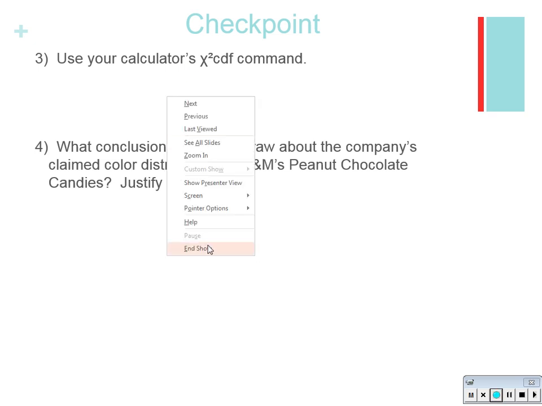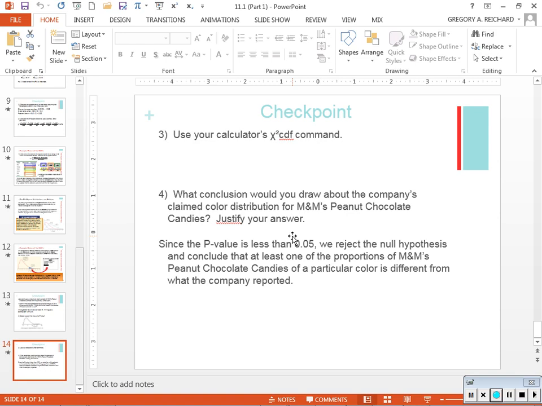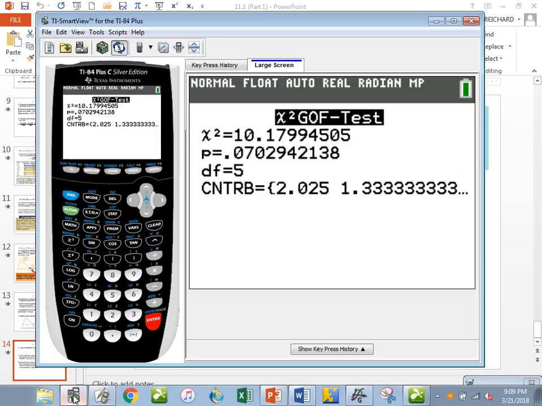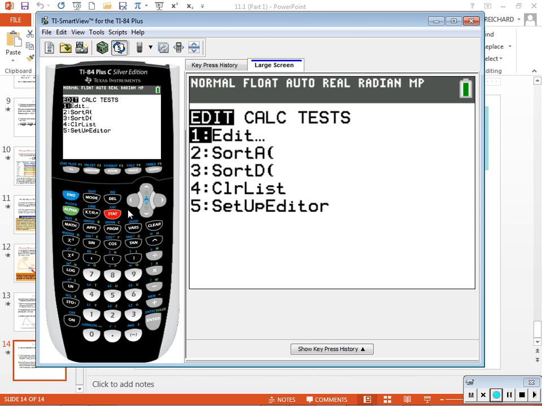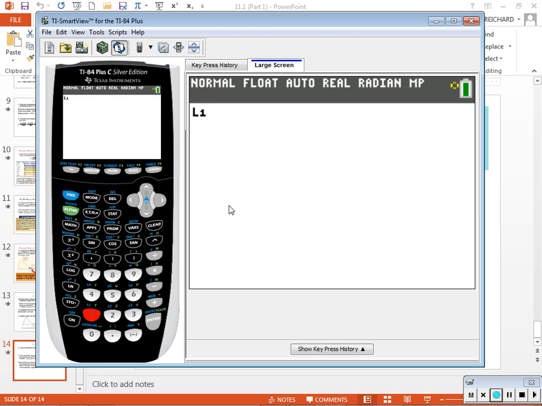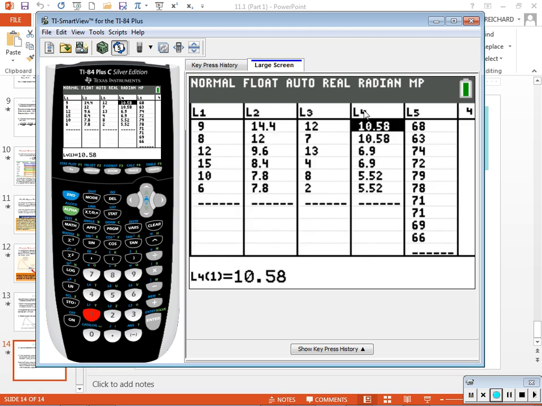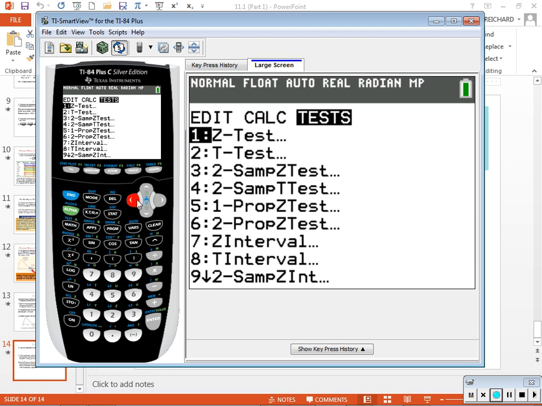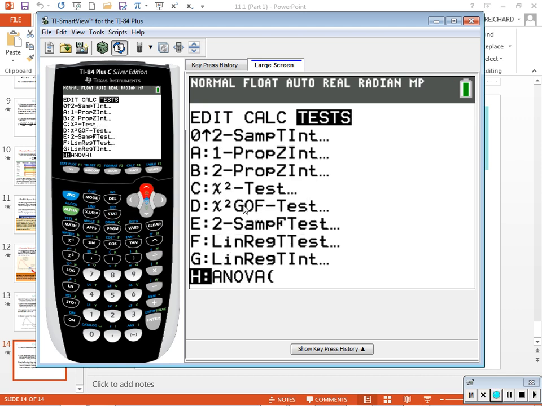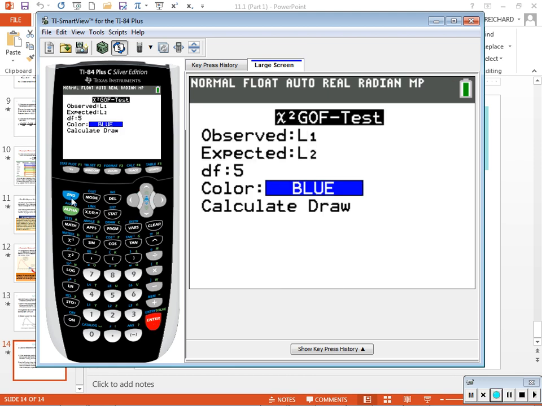In this case, I'm going to use the chi-square goodness of fit test in my calculator. If you go to stat and then edit, what I did here was put the peanut data in L3 and L4 because I wanted to keep L1 and L2 as they were. So go to stat, back to tests, and the chi-square goodness of fit test, which is letter D, and I'm going to put these in L3.